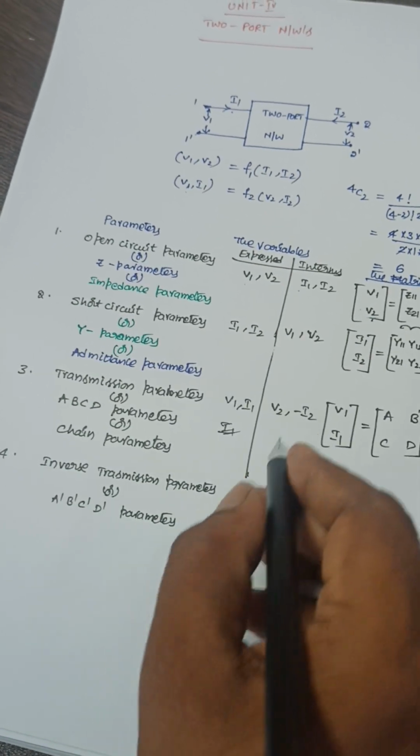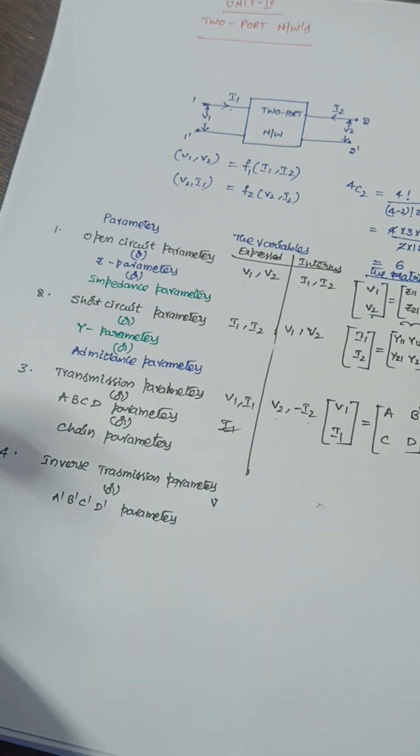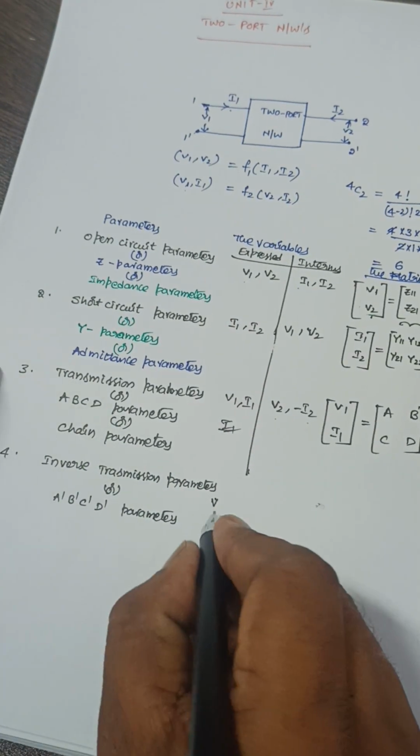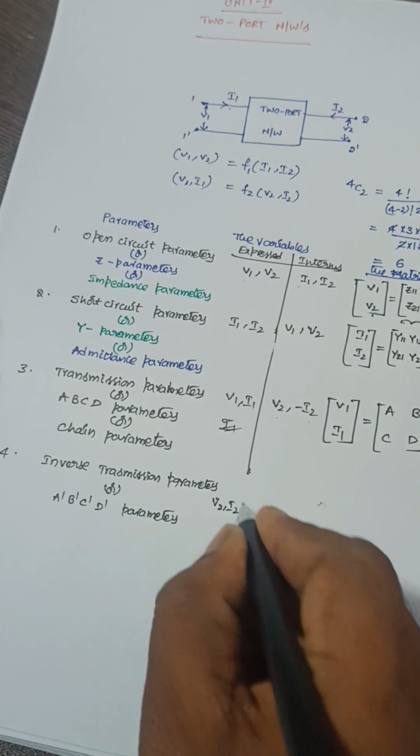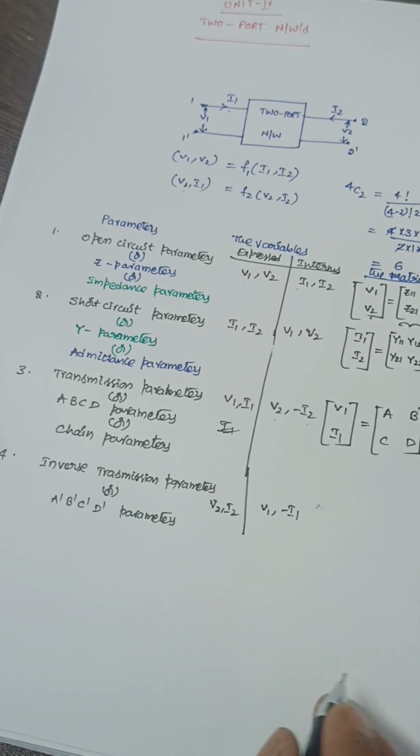In this, the variables V2 and I2 can be represented with V1 and minus I1.